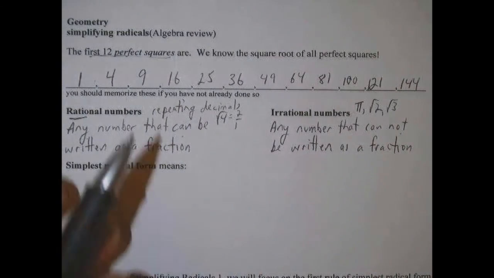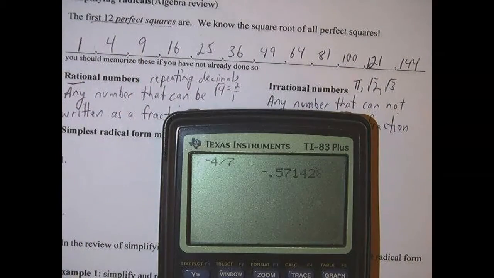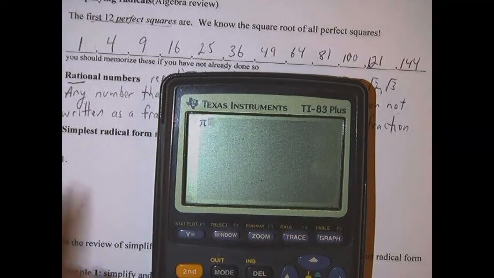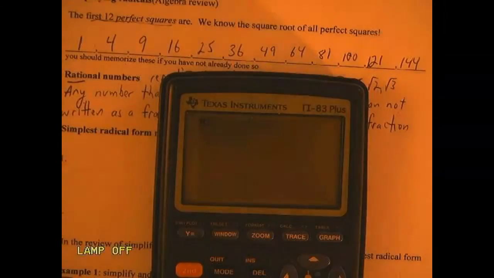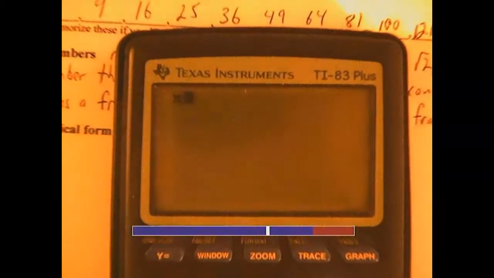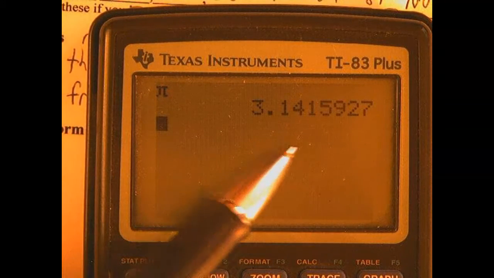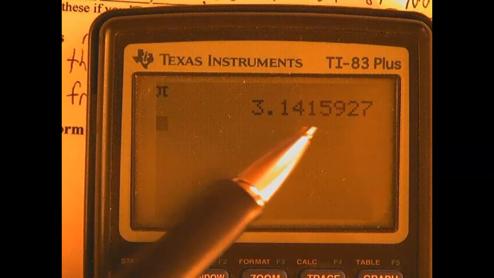Let me show you some of these. Some people think of pi as a number that goes on forever. Of course it's more than that, but that is a good start at understanding what pi is. If I hit the key here, it gives me several digits of pi, but notice that there's no repeating pattern.